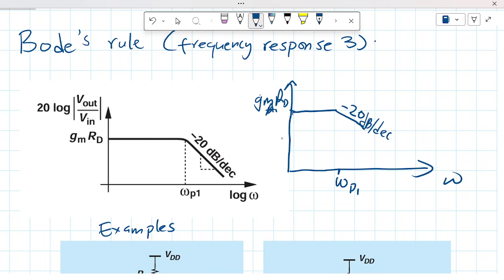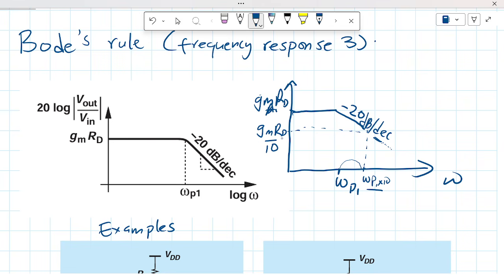What this simply means is that if you further increase the frequency from the pole frequency by a factor of 10, that is, to W pole times 10, then the gain of the system is also going to reduce by a factor of 10. So the gain now becomes G_MRD over 10. So that's what Bode tells us.